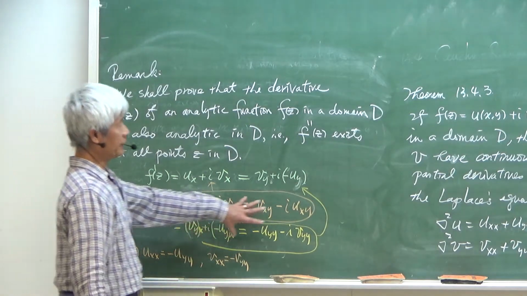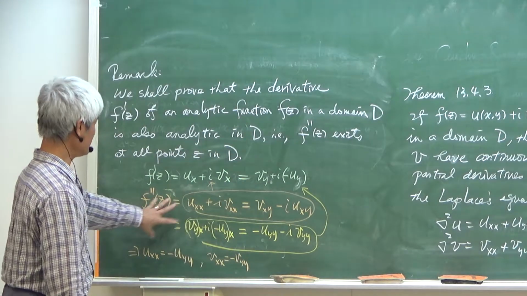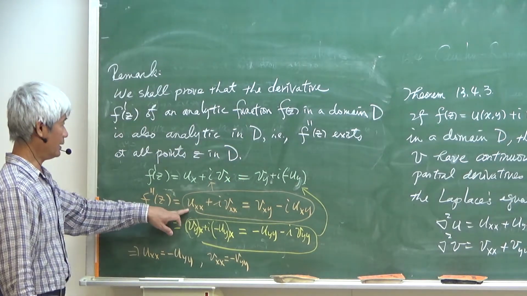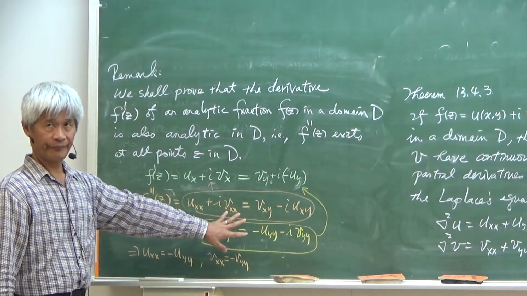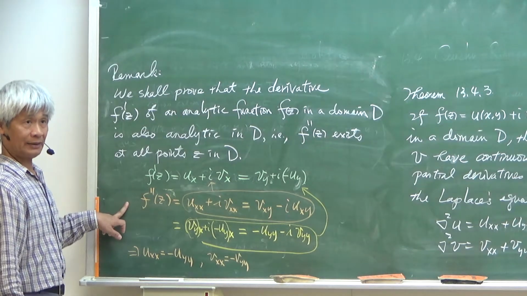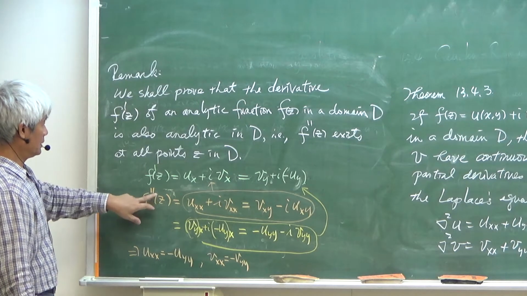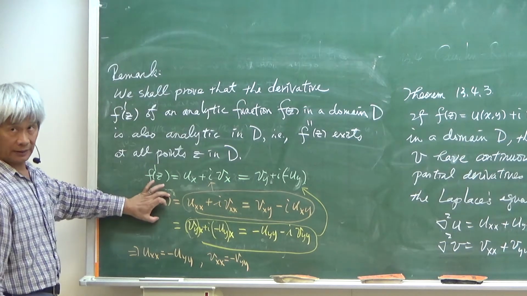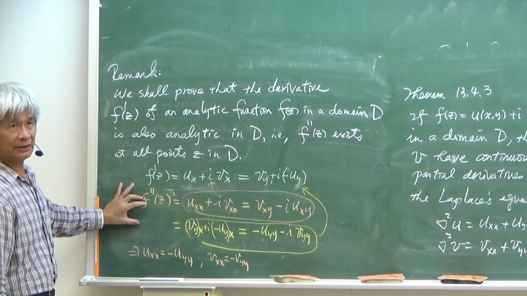And you will have continuous second order partial derivatives. Here, you just say that they have second order partial derivatives. But because f'' has a derivative again, by applying the statement, f'' is an analytic function, so it has a derivative.